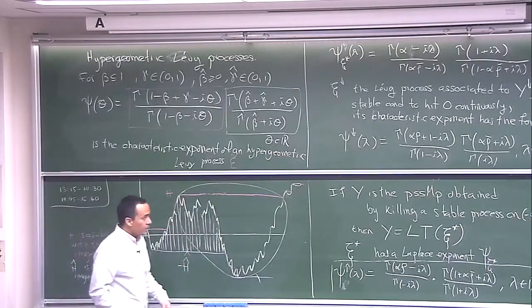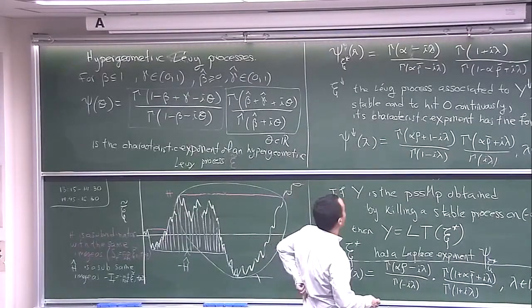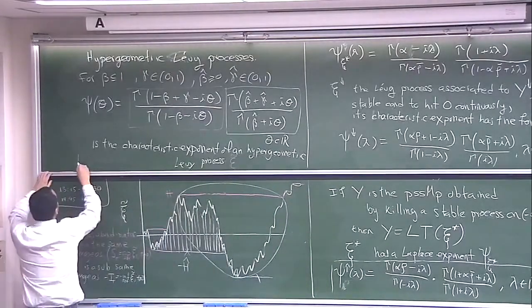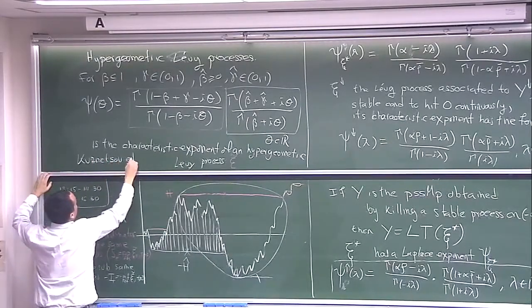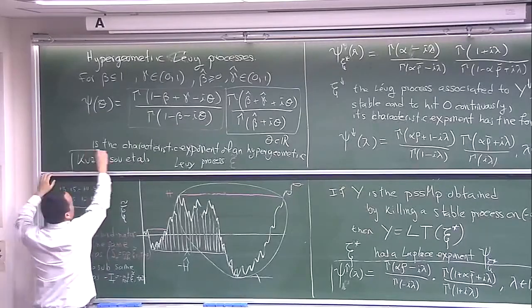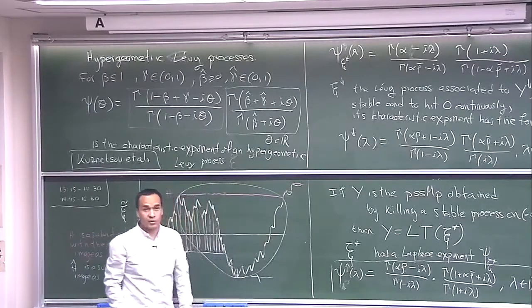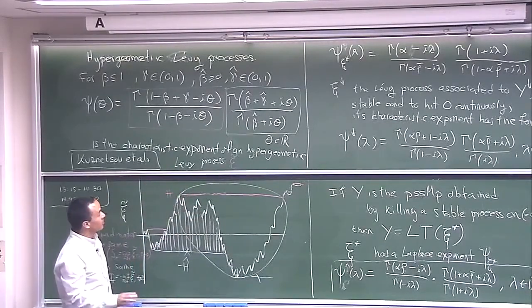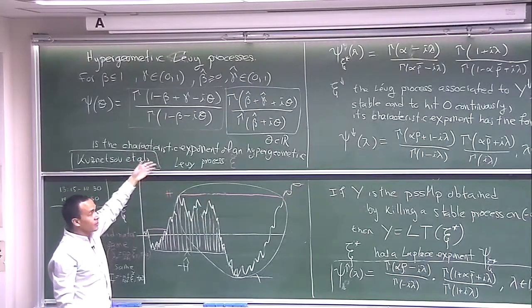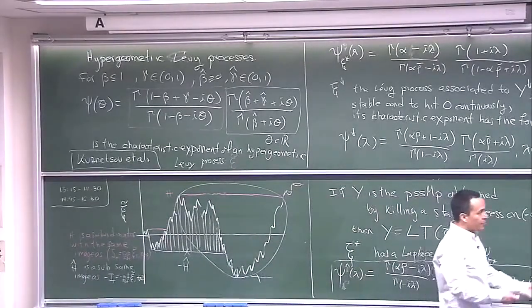This is by Kuznetsov. There are a couple of papers, at least, on hypergeometric Lévy processes and their generalizations. This dates from around 5 years ago, and that was a big improvement in the theory of Lévy processes, at least in the fluctuation theory, because there were not many examples of Lévy processes for which this factorization was known explicitly.